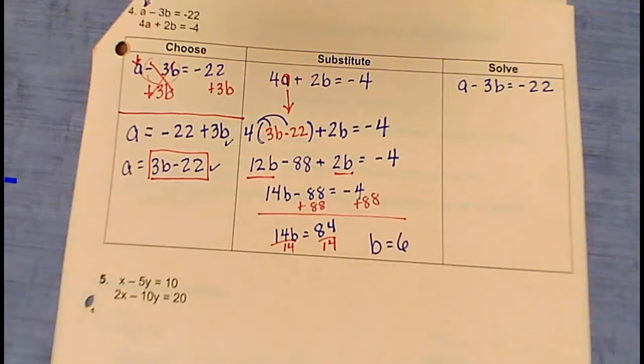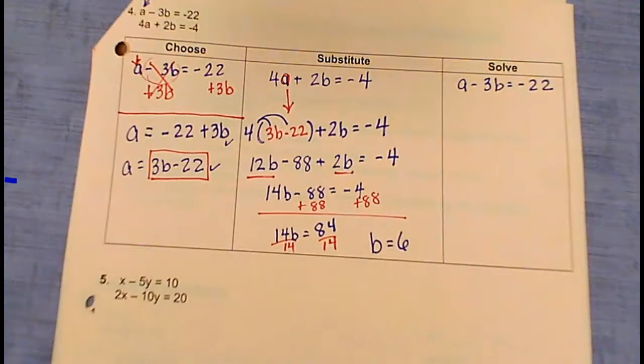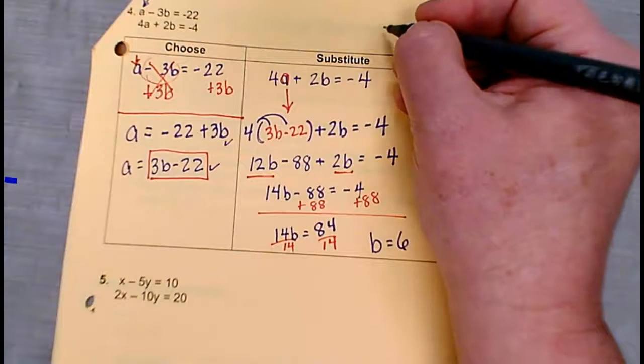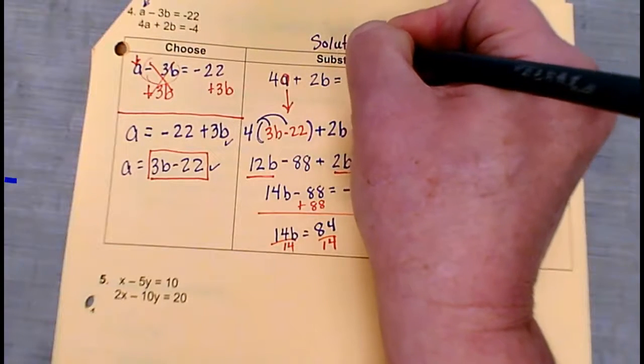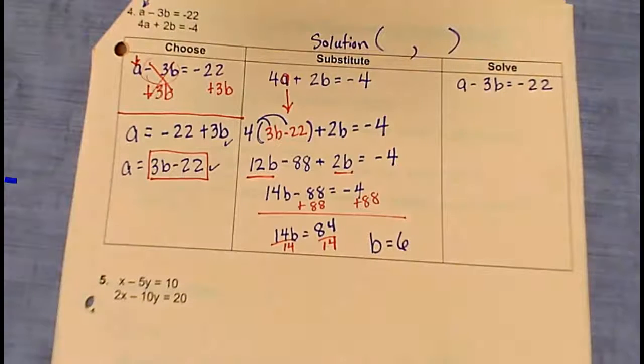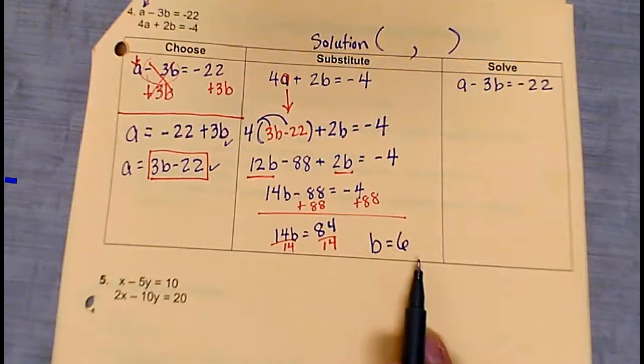Now, when you were solving by graphing, your answer is the intersection point. These are still lines. If I graphed them, I would still have lines, and my answer is the intersection point. But I don't have X's and Y's.